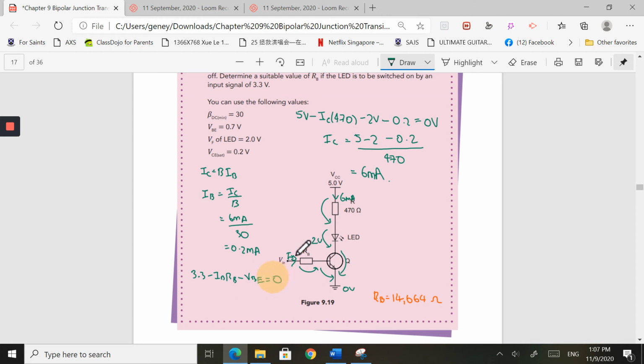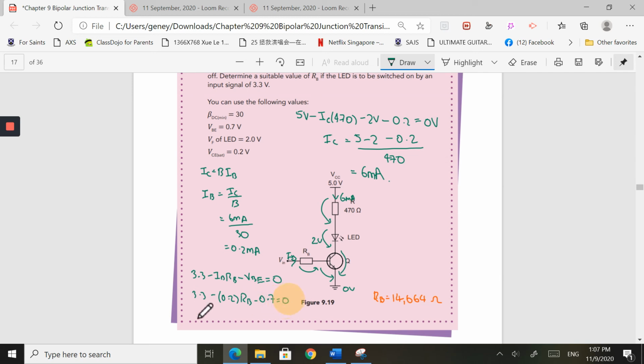Alright, so let's fill in the numbers. I've got 3.3 minus the base current we found out was 0.2 milliamps times the base resistor, which is what we want to find. The VBE value is 0.7, given in the information here, so minus 0.7, and this will be 0 volts.